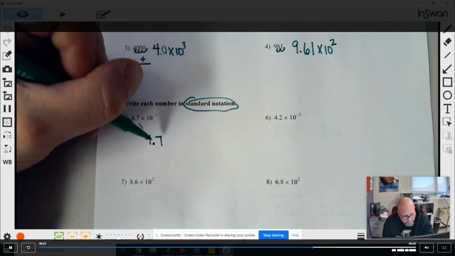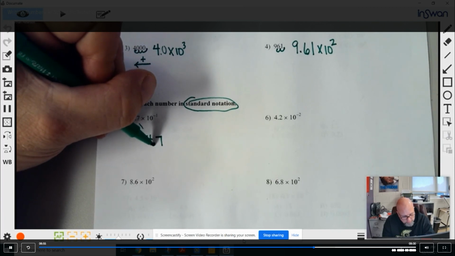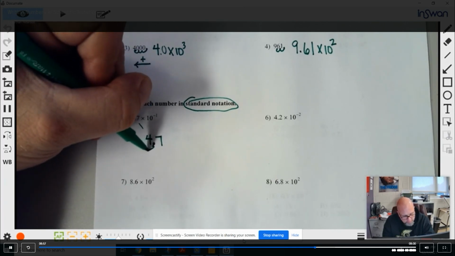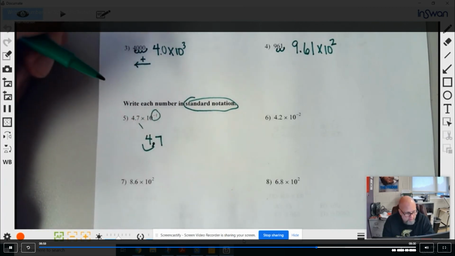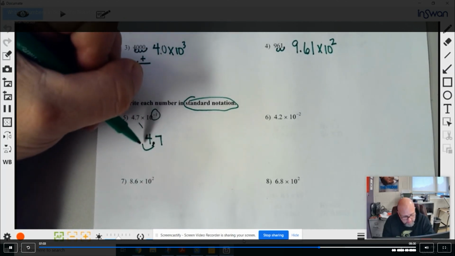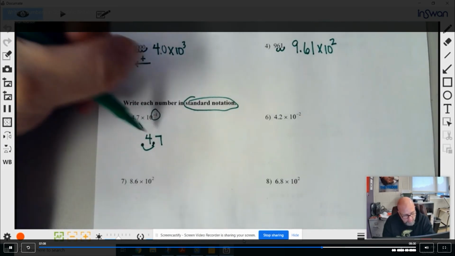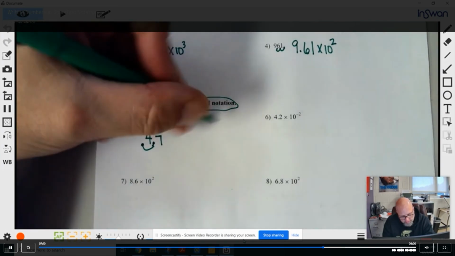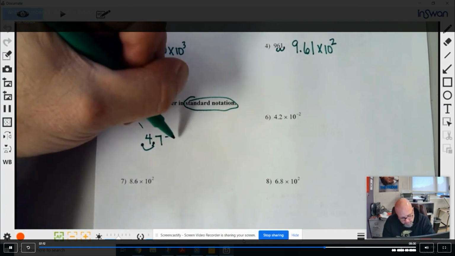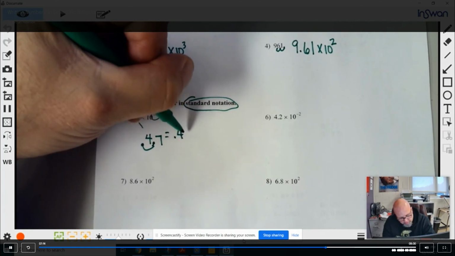So a negative exponent means this is going to move to the left. And it's going to move however many times it says. So there's 1. Okay, so it's going to move 1 time to the left. And there's my new decimal point. We don't leave our answers like that. We do need to clean it up without all the squiggles. So we have a new answer of 0.47.